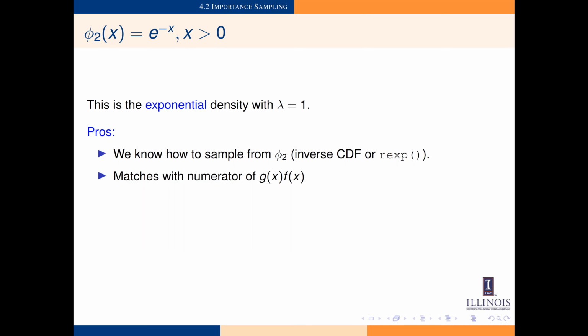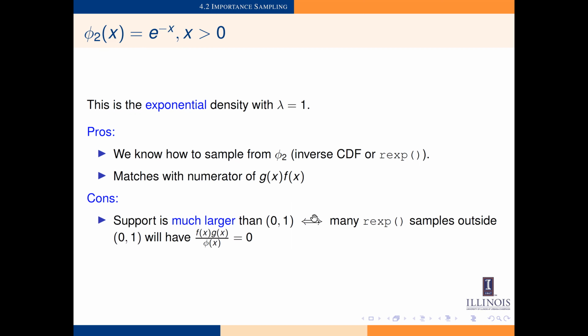We can either use inverse CDF or we can use the built-in function rexp inside R. Also, you can see that the phi 2 function here, so e to the negative x, matches with the numerator of g(x) times f(x), which is equal to e to the negative x divided by 1 plus x squared.